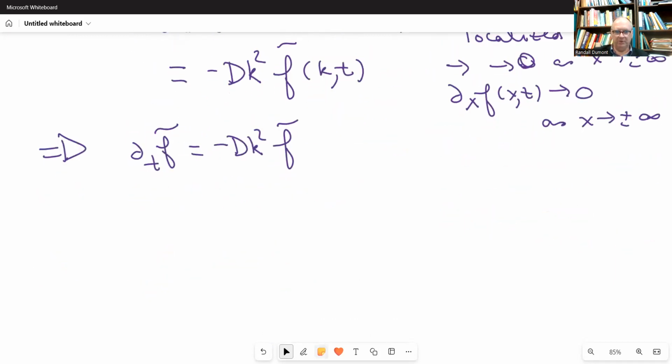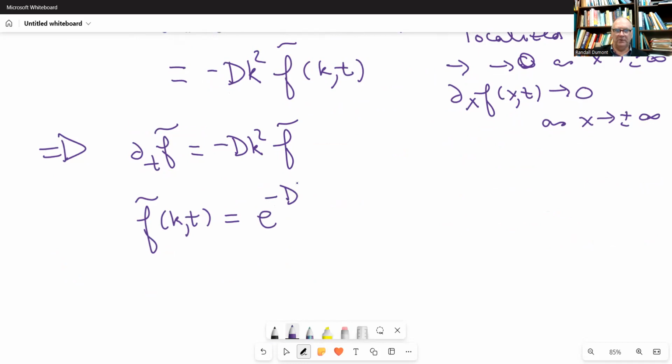So we get an exponential function with respect to time. And so that'll be e to the minus d k squared t, times the initial Fourier transform of the distribution function. Okay, so there's our solution.